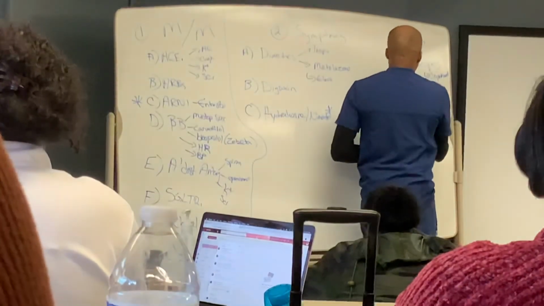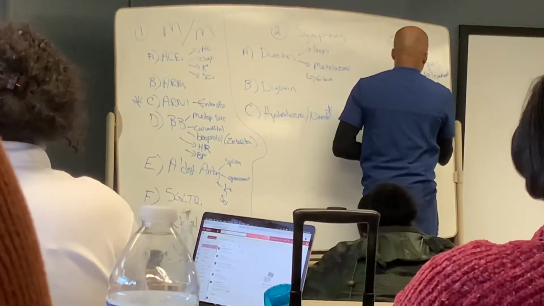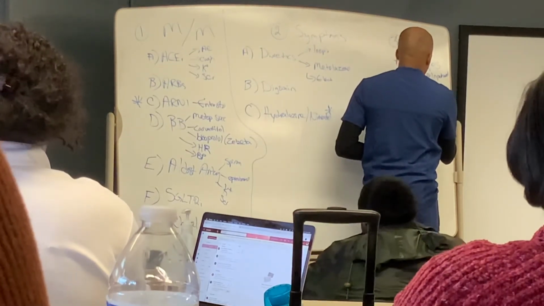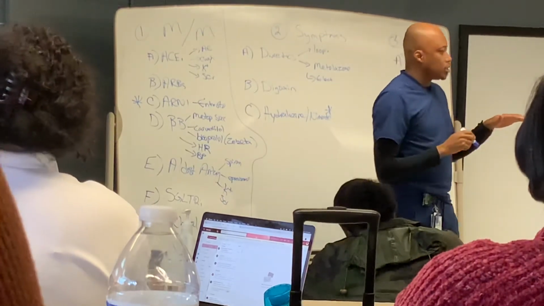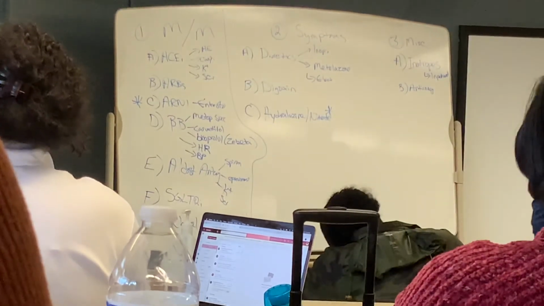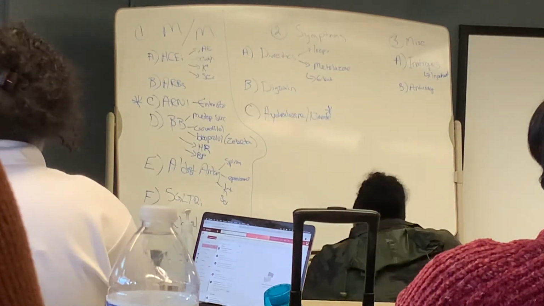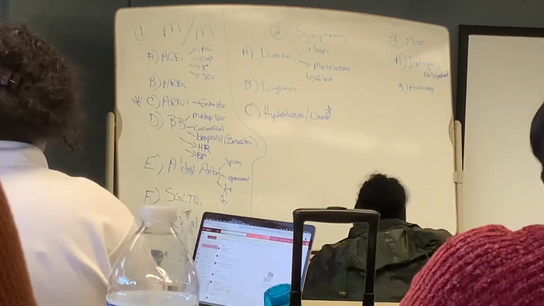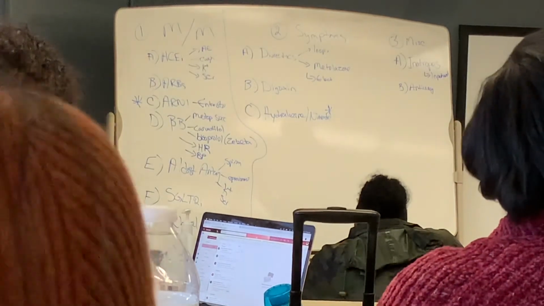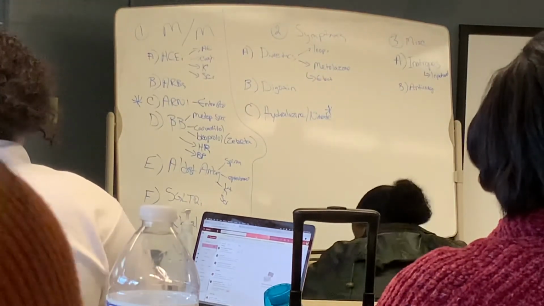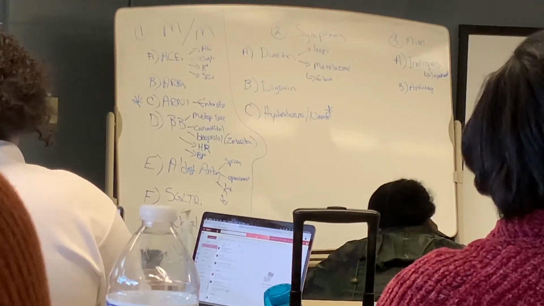Then we also have anticoagulation. Now, anticoagulation for heart failure patients, the reasoning is when we have all that blood pooling in the left ventricle, right? All that blood that is there because the ejection fraction is low.